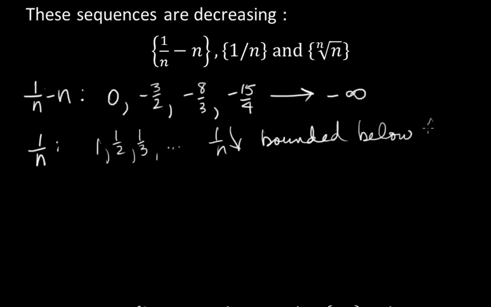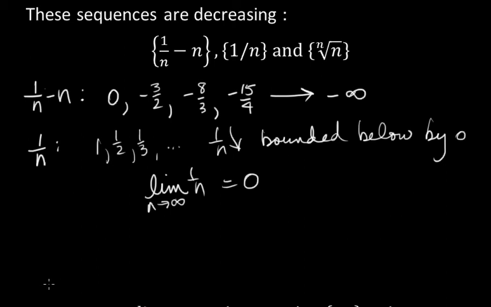It does not decrease without bound. It is bounded below by, in fact, the number 0, or -1, or minus 100, but 0 is its greatest lower bound, and in fact we know that the limit of 1 over n as n goes to infinity is equal to 0.